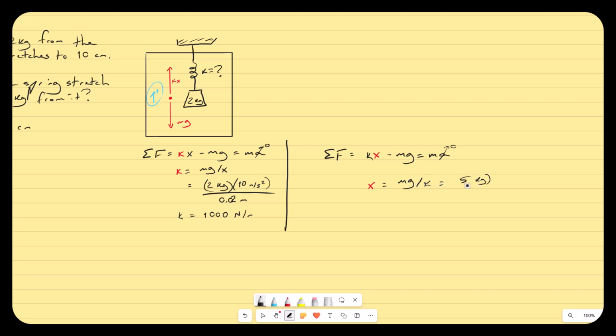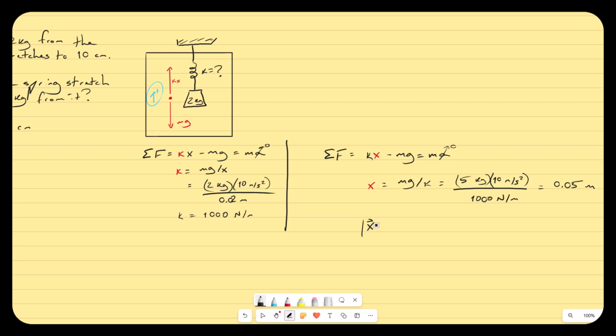5 kilograms over 1,000 newtons per meter, and I get 0.05 meters. This thing is going to stretch by an additional 5 centimeters.